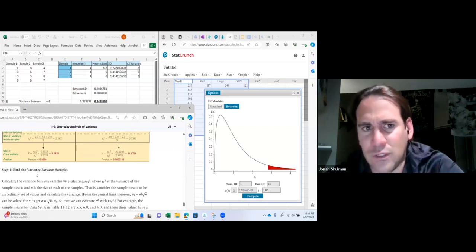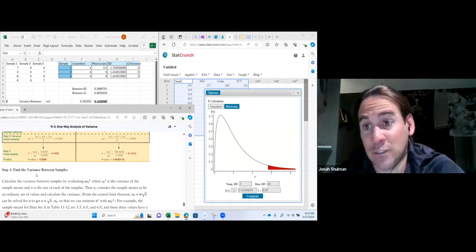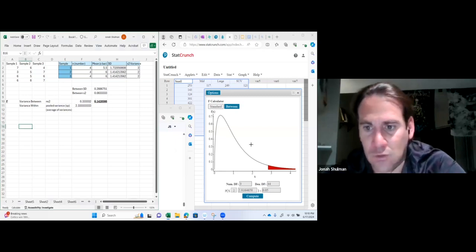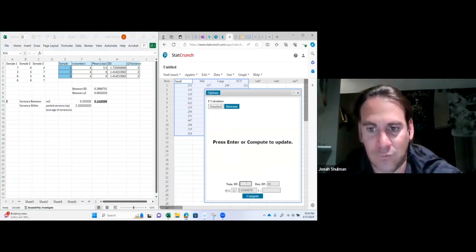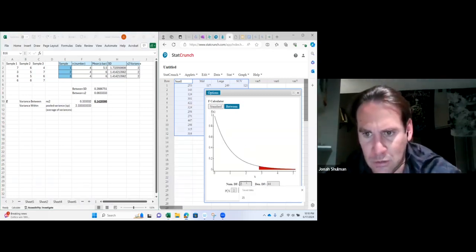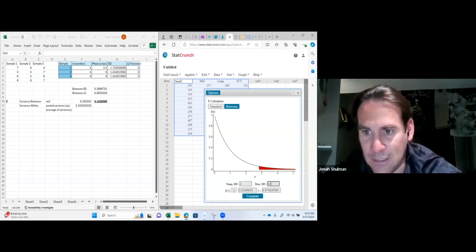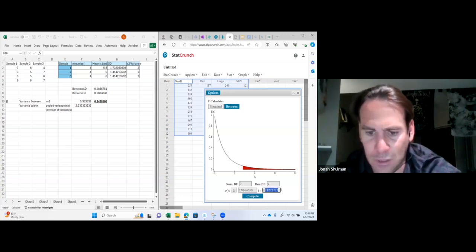Well, we're going to use the critical value to test it. I'm not sure how you got this p-value. I'm sure they'll show us, but this is our critical value. So what do we need to test it? Well, my degrees of freedom now is 2. And we have 12 observations, 12 minus 3 is 9. We want alpha to be 0.05.